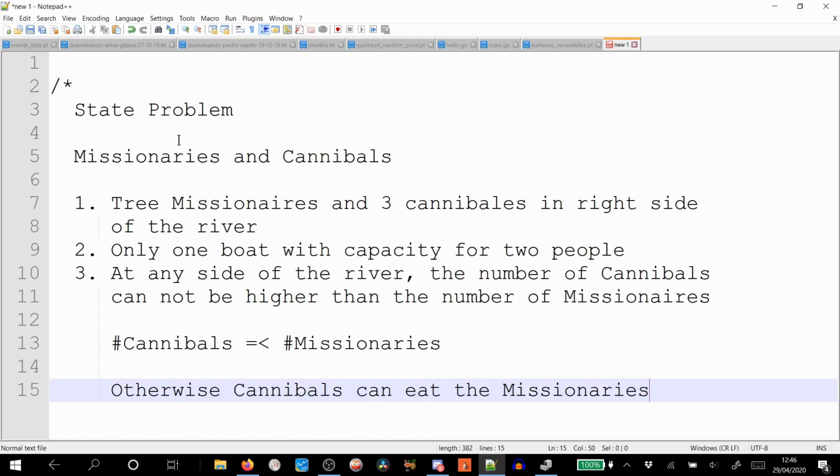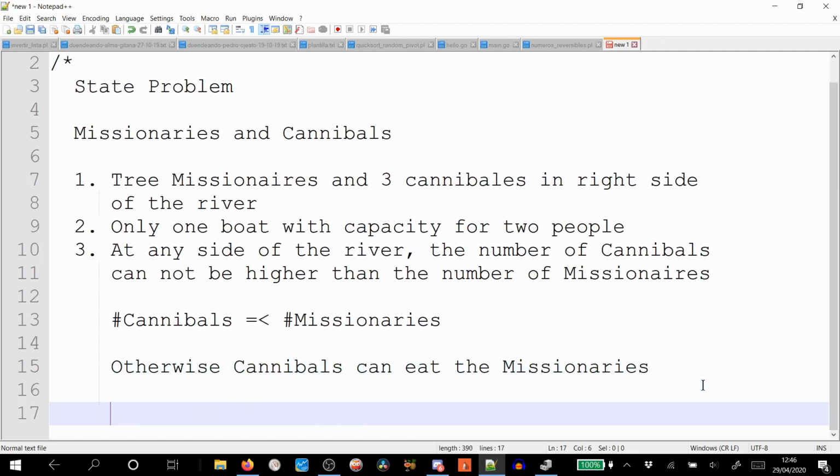Okay, this is the problem and the restriction for the problem. We have to move from the left side of the river to the right side of the river, and the number was 3 and 3. And on any side of the river, you never can have more cannibals than missionaries.